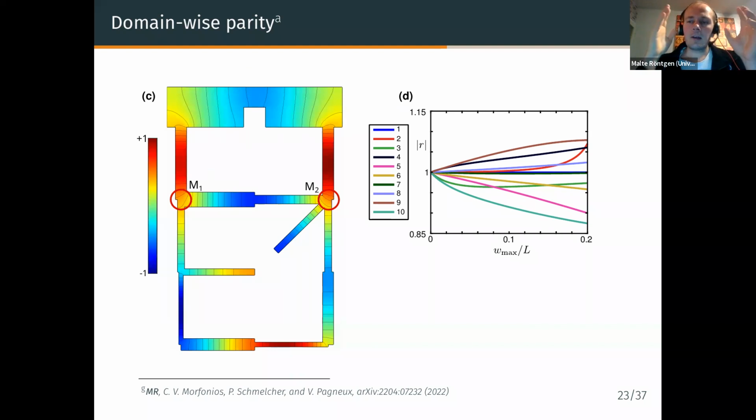And now the usual game is if you couple this reflection symmetric cavity to some other subsystem, well, usually if this subsystem below is asymmetric, it has no reflection symmetry, the resulting eigenmodes of the total system will no longer be parity symmetric in your cavity, because the resulting system has no symmetry anymore.